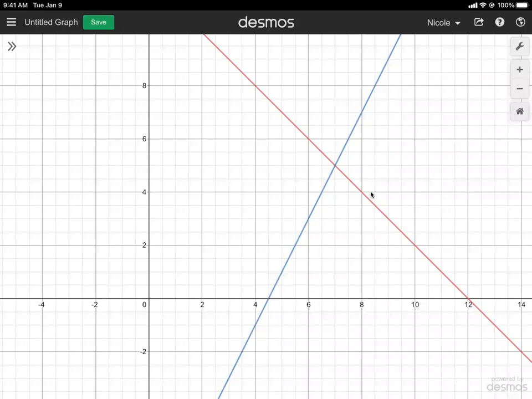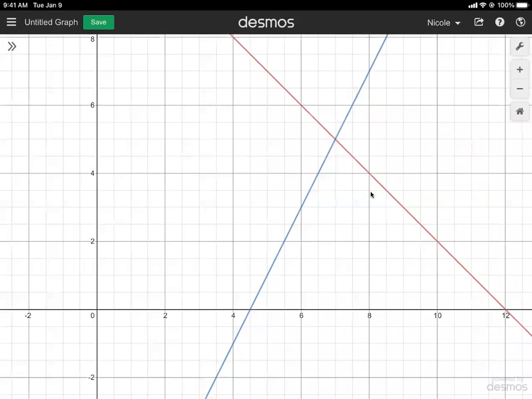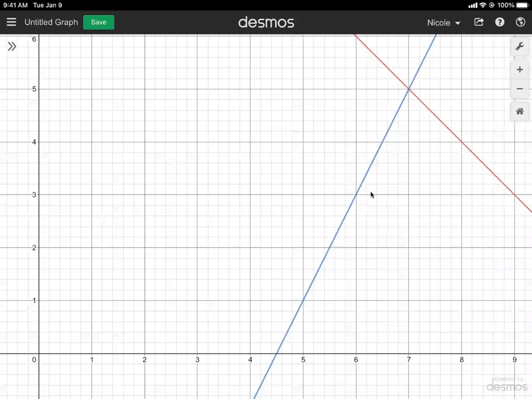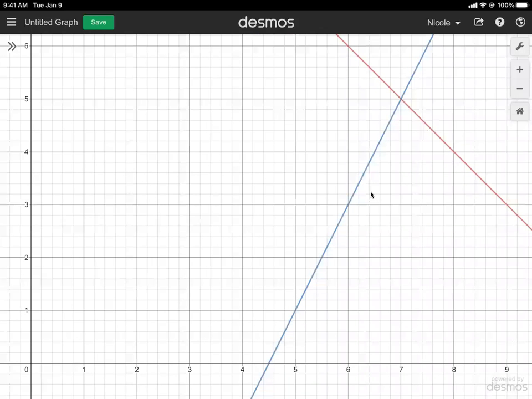Beautiful. I'm looking for the place or the point where they cross. According to our answers, they should be at 7, 5. If I zoom in, there we go. x is equal to positive 7, y is equal to positive 5. And if we trace our point, we're right.